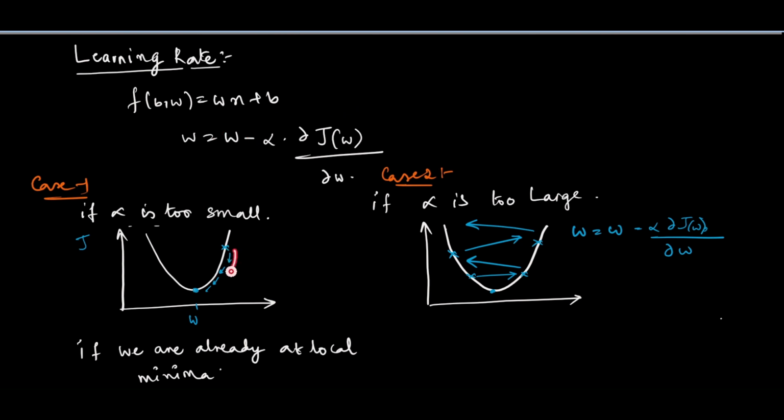So the steps taken towards reaching the low value of the cost function are very slow. It takes more time to reach the local minimum.